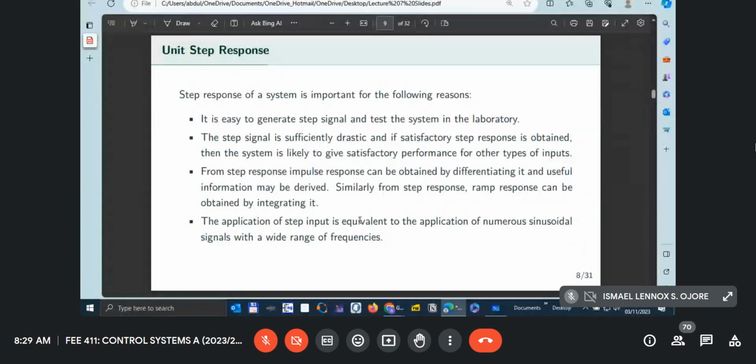This you have done in the lab with the Fourier. So if you have so many sinusoidal signals over a certain range, then we know that they tend to be like a square or a step input.